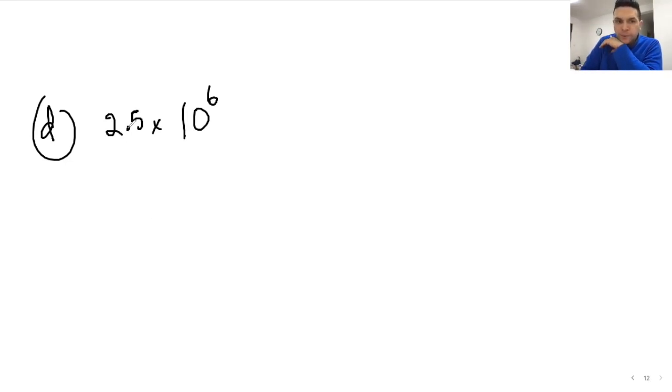Remember, this decimal point, since this is positive, is going to go to the right. This is a big number, right? So we move it one place, and then we got to add 5 zeros. 1, 2, 3, 4, 5. That's it, right? 2,500,000.